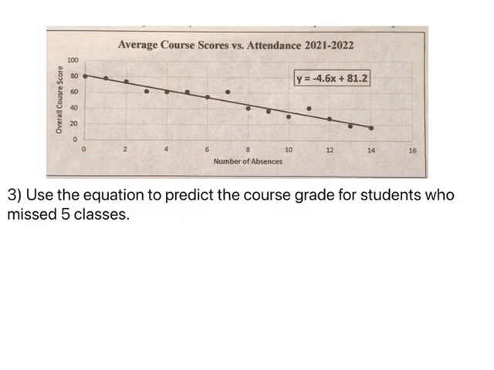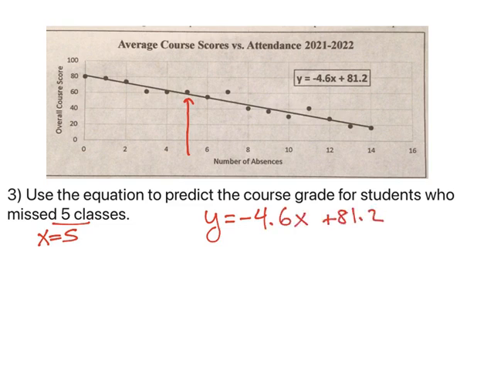Number 3, use the equation to predict the course grade for students who missed 5 classes. So we can see that on the graph, approximately where that is, but we know that means x equals 5. So again, I'm using the equation y equals negative 4.6x plus 81.2, and I'm substituting in 5 for x because x represents the number of missed classes.